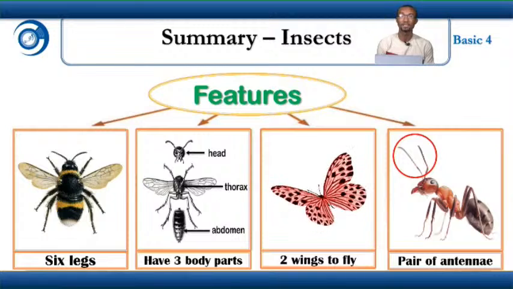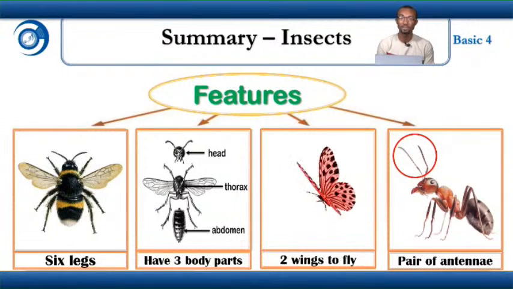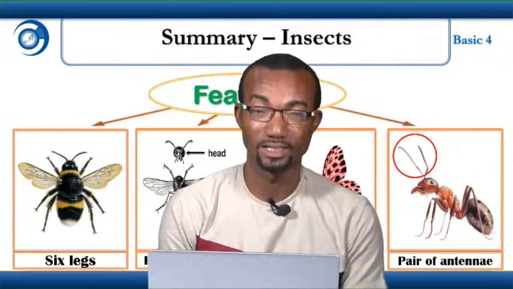This antenna serves as a sense organ for the insects. Some use it to detect movement, others use it to hear sounds in their environment. So today we looked at insect examples and features for this lesson.